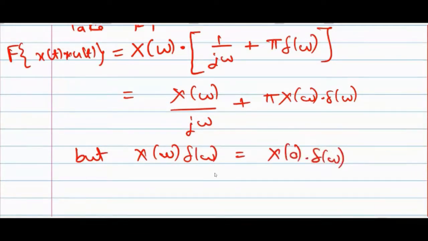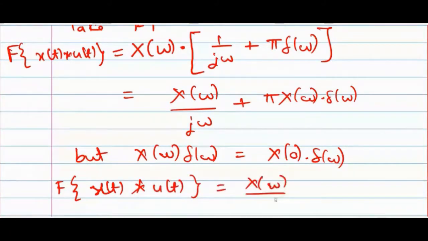Substitute here. So we get the result that Fourier of x of t convolution u of t is x of omega divided by j omega plus pi. X of omega into delta omega is x of 0 into delta omega.